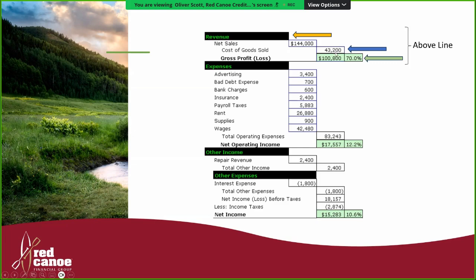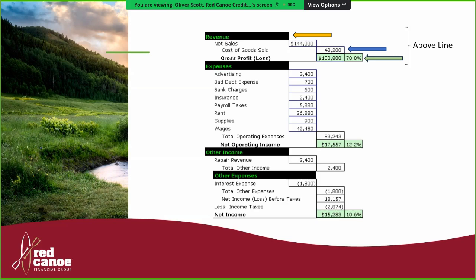It cost them $43,200 to produce those products or provide those services, and they have a gross profit of $100,800. Okay, and then this 70% shows their margin, right? So they have a gross profit margin of 70%.